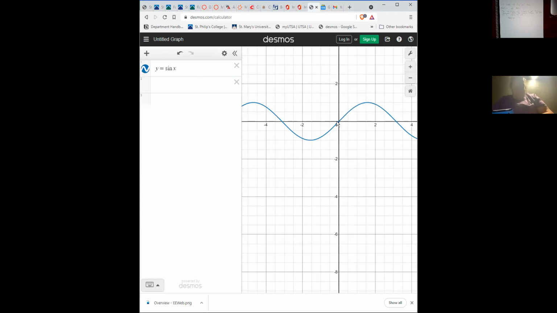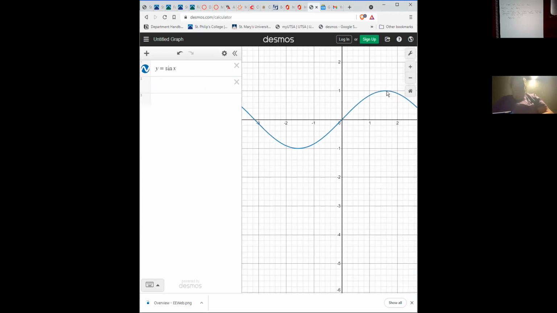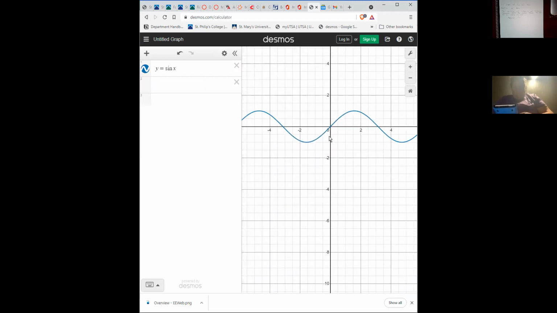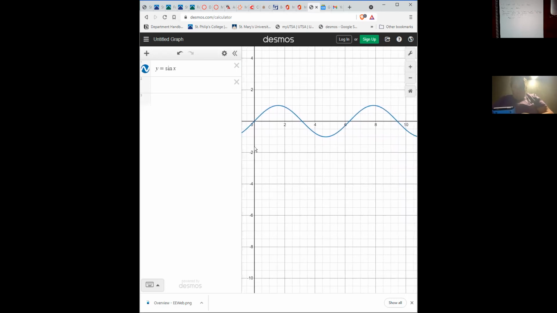It always starts at 0 and then has a peak at pi over 2. So these values are coming from the unit circle right here. These are the main points, I guess. But as you can see, it repeats itself, right? So from here to here, and then it starts over again. So every 2 pi it starts over. So if I start at 0, remember how we said going around 360, eventually we get back to 2 pi. So starting point 0, 1, 0, -1, and then start over 0, 1, etc.